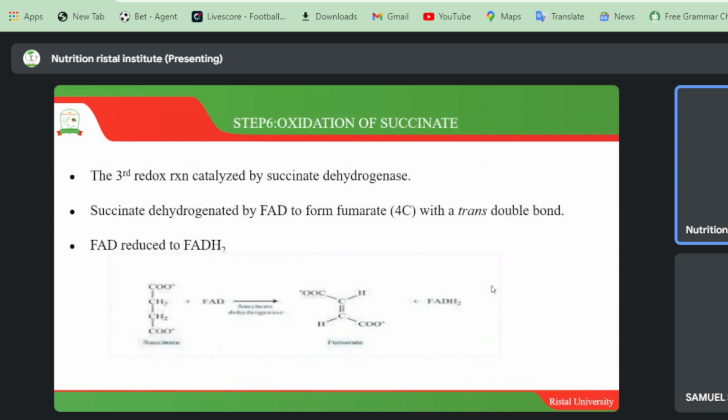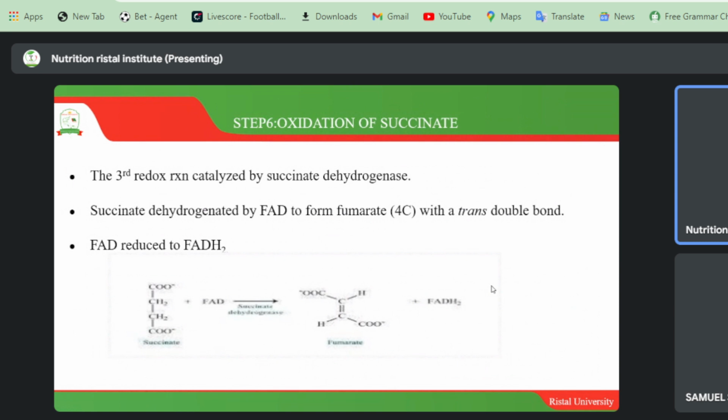And step 6 here talks about oxidation of succinate, and this is the third redox reaction catalyzed by succinate dehydrogenase. And succinate is dehydrogenated by FAD to form fumarate, which is a 4-carbon.